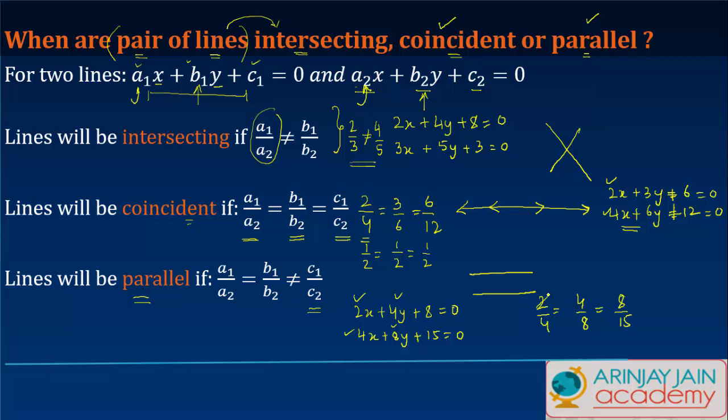While the first is equal to 1 by 2 and the second is equal to 1 by 2, the third is not equal to 1 by 2. In other words, a1 upon a2 is equal to b1 upon b2 but not equal to c1 upon c2, as c1 upon c2 here is different. So we can say that these lines are parallel.